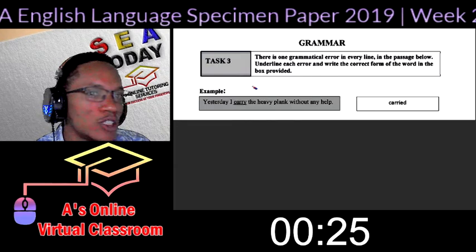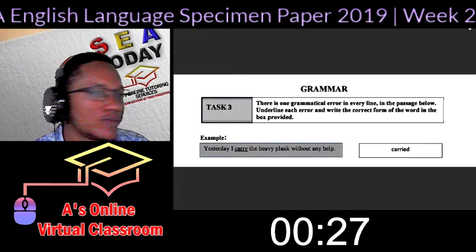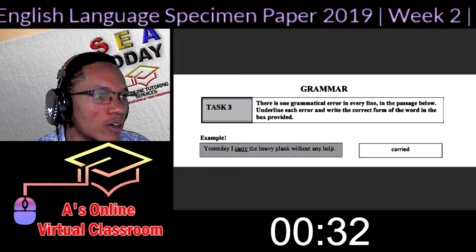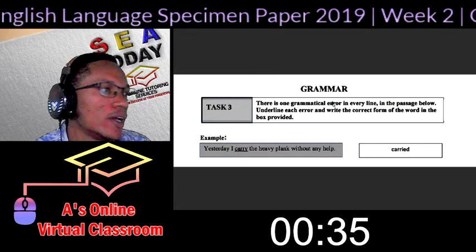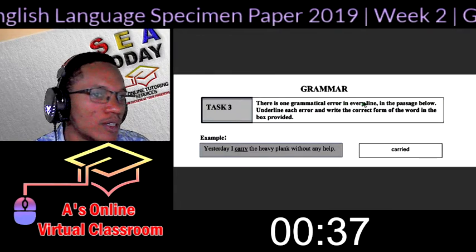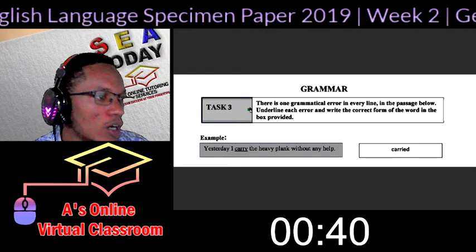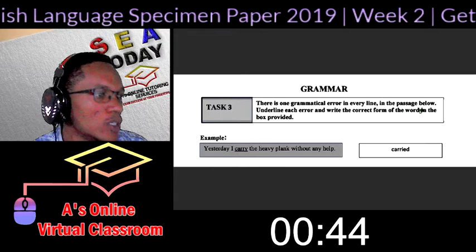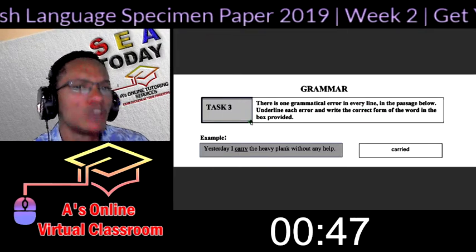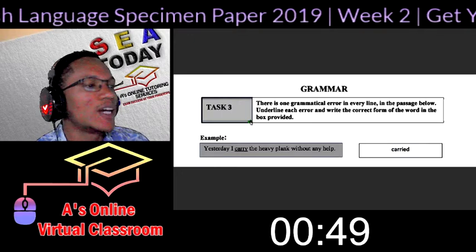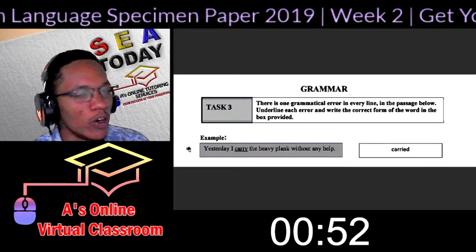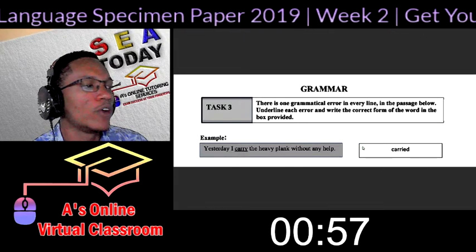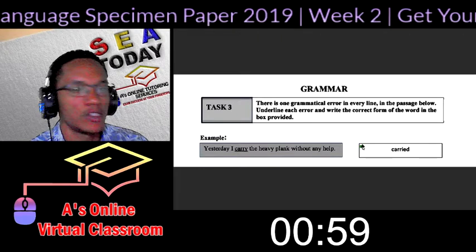The instructions say there is one grammatical error in every line in the passage below. Underline each error and write the correct form of the word in the box provided. Similar to the previous 2 tasks, we have to find the error, underline it, and put the correct answer in the box.